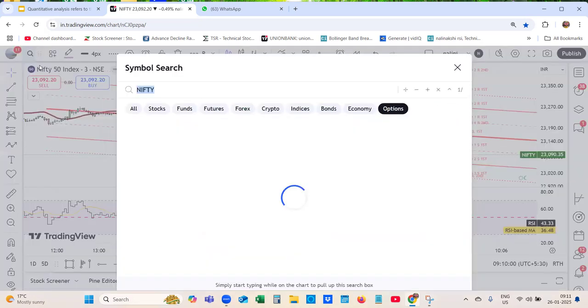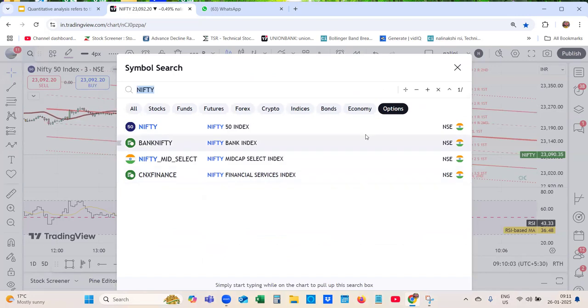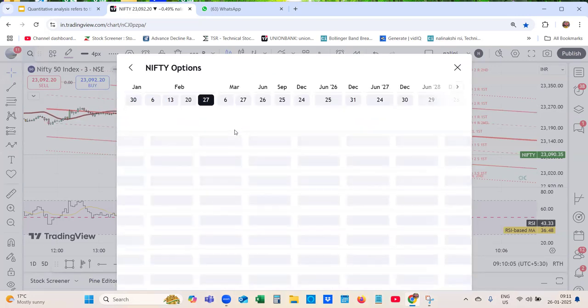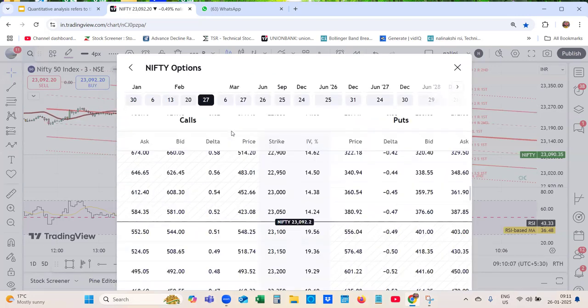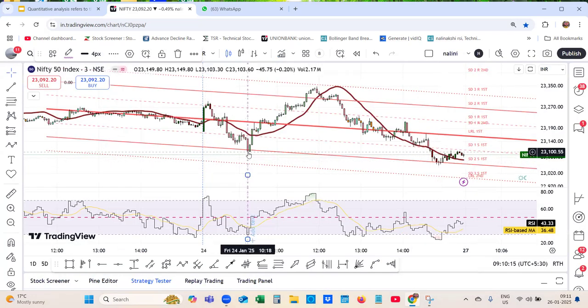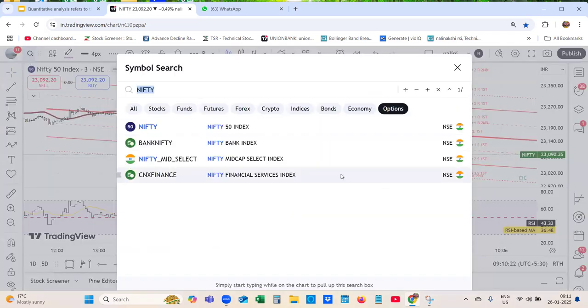Let me go to the option setting. We'll check on Friday, 1 minute, when the price came down to 23,100, let us check what happened to the call option.